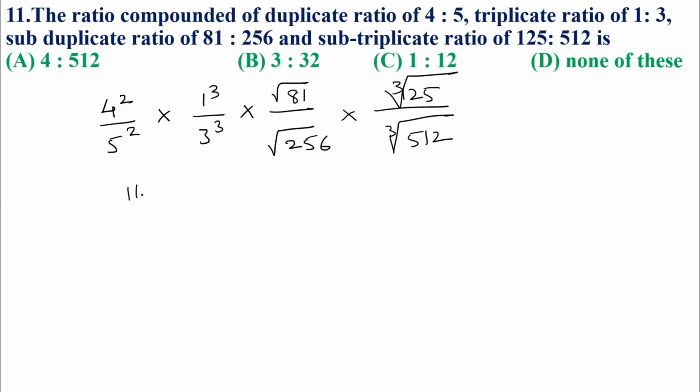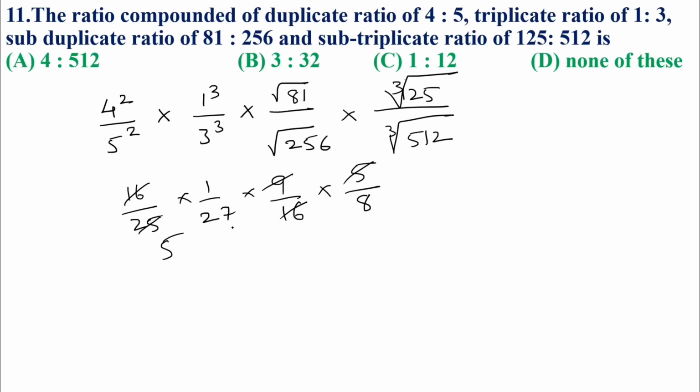So this is 16 by 25, 1 by 27, 9 by 16, 5 by 8. So 16 get cancelled. 5 5s are 25. 9, how many times? 3 3s are. So 1 is to 120. So the option is none of these.